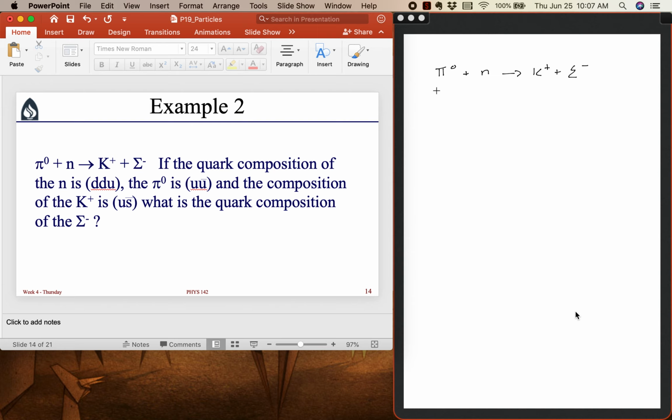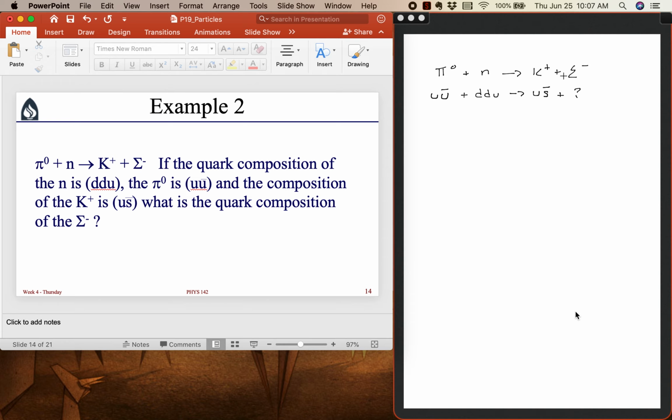For the pi0, we have an up, anti-up. The neutron is a down, down, up, and that goes to make a K plus, which is up, anti-strange, and then we have this mystery particle.